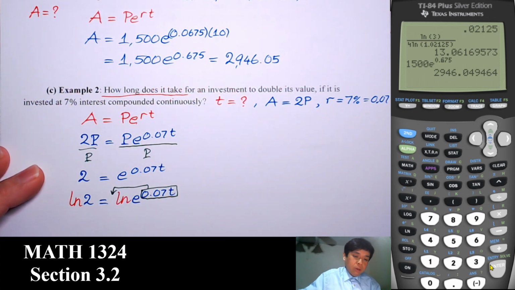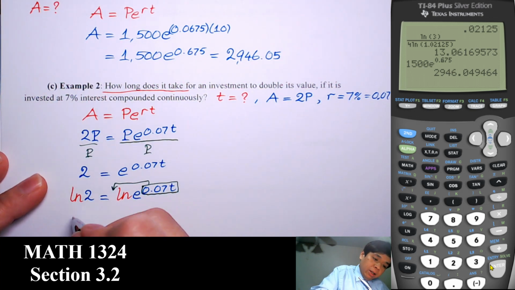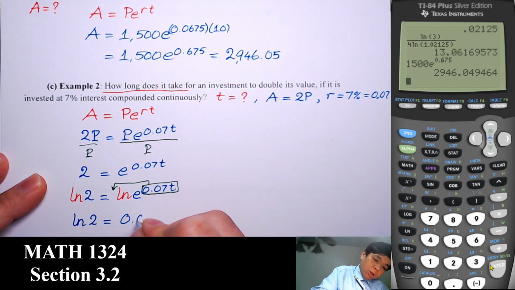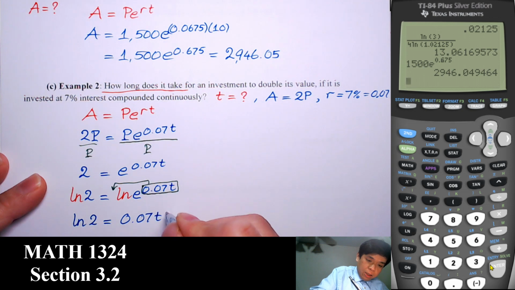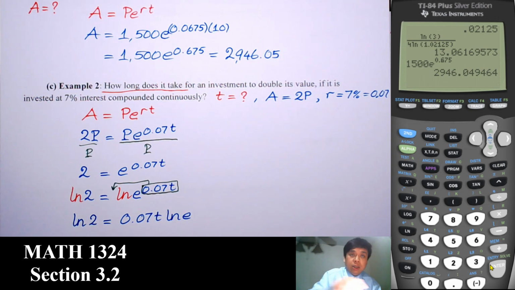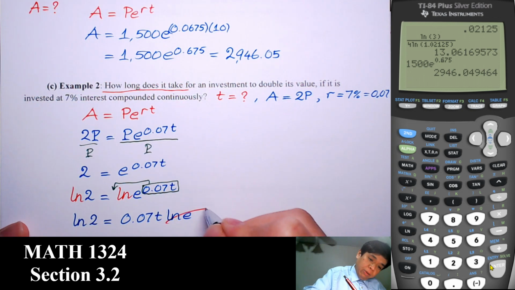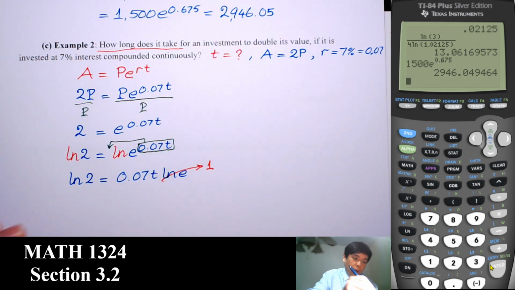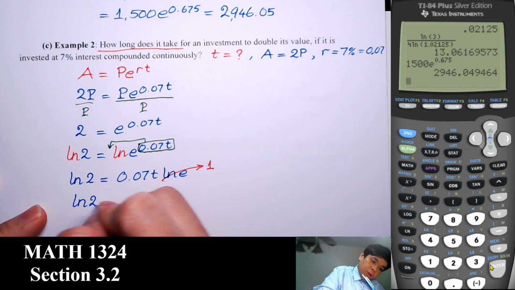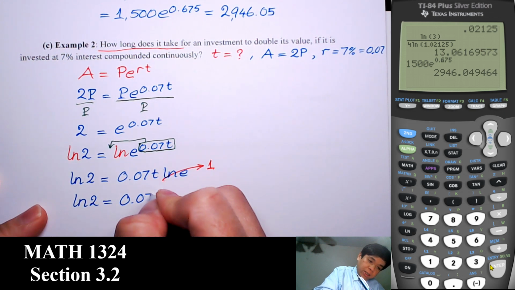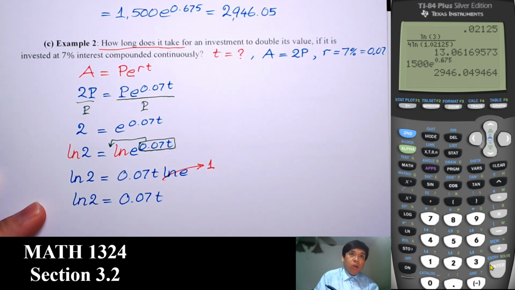So we have ln of 2 equal to 0.07t ln of e, and ln of e is equal to 1. So we have ln of 2 is 0.07t, divided by 0.07 on both sides.